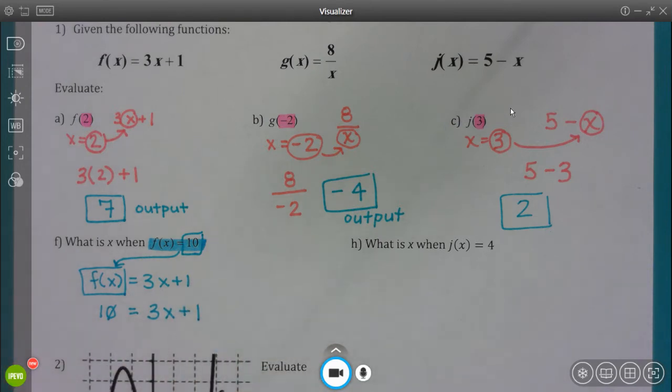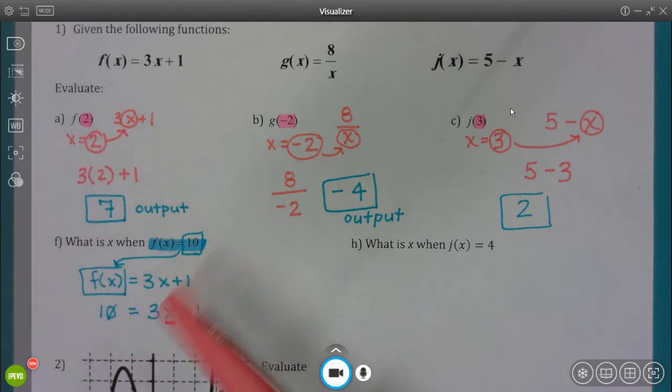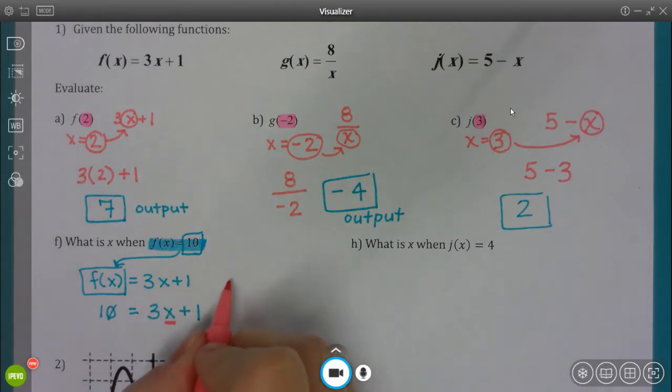So now in my head I'm thinking, what x value will give me 10 when I substitute in? For right now, we're okay just doing guess and check. If I substitute in 2 before, 3 times 2 gave me 6, plus 1 more gave me 7, so that's not enough. So let's try 3. 3 times 3 would give me 9, plus 1 more would give me 10. So I know here my input value of x would have to be 3.